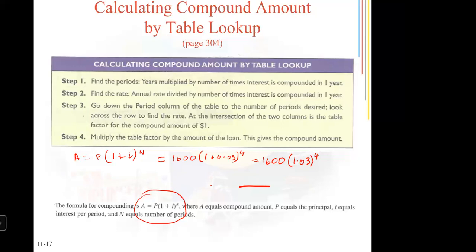When you multiply 1.03 4 times, what do you get? $4.12. No. Oh, no. Oh, you multiplied times 4. That's to the 4th power. The 4th power means you're going to say 1.03 times 1.03 times 1.03 times 1.03.